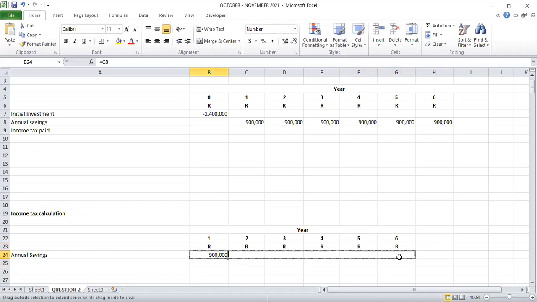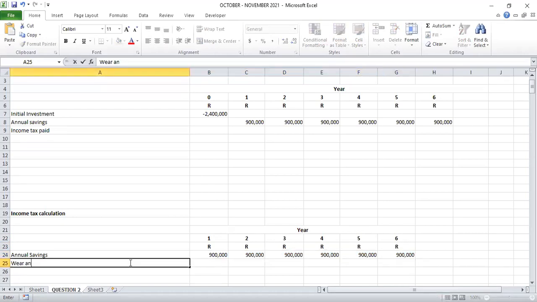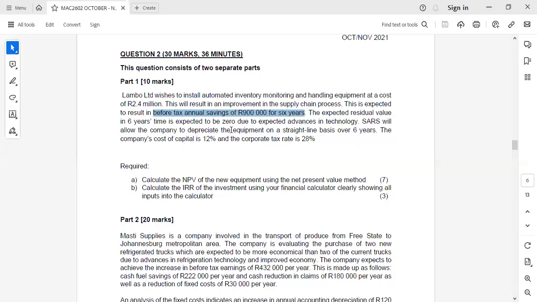But for tax purposes now, SARS will deduct what they call wear and tear. We are told that SARS allowed the company to depreciate the equipment on a straight line basis over 6 years. So it will be the cost divided by 6, so 2.4 million divided by 6.